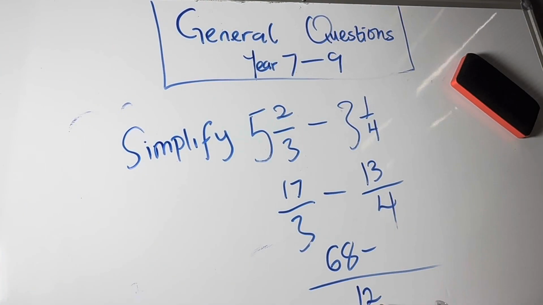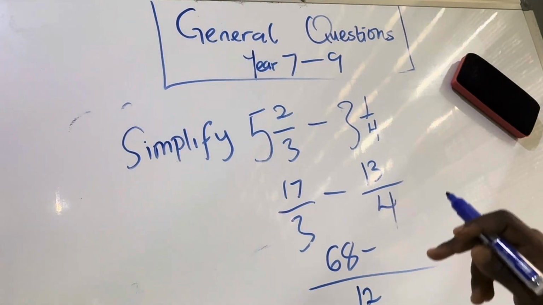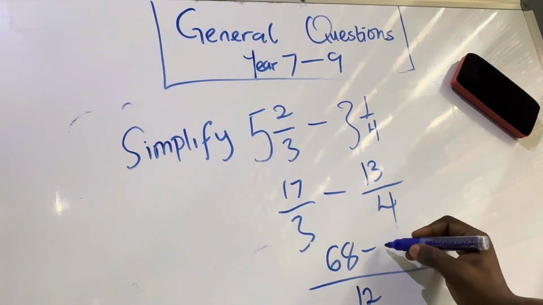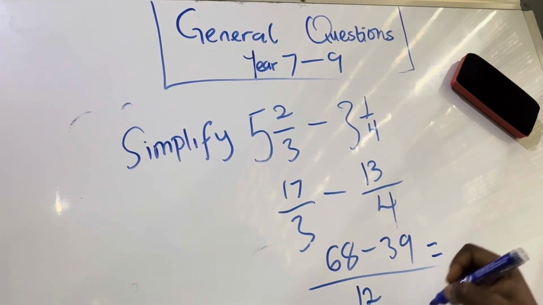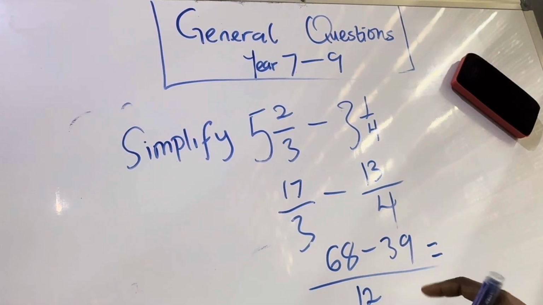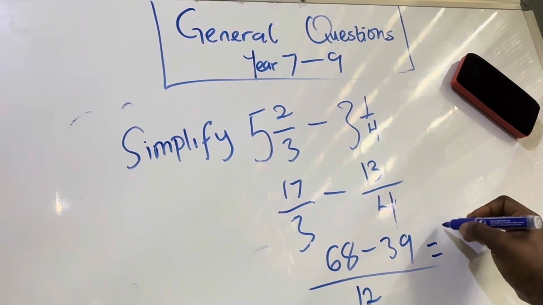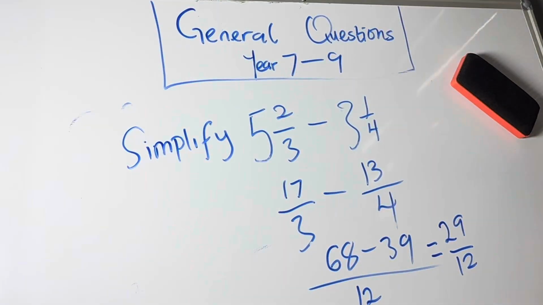Minus 12 in 4, which is 3. 3 multiplied by 13 is 39. So here we have 68 minus 39. That's 29 over 12.